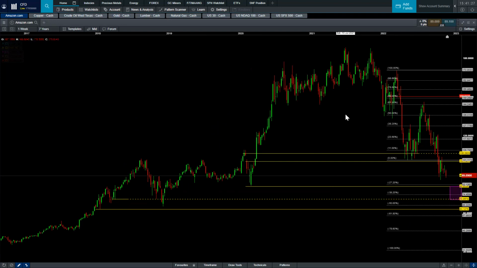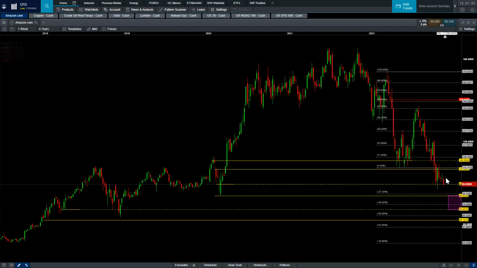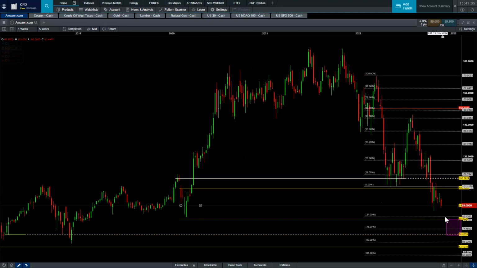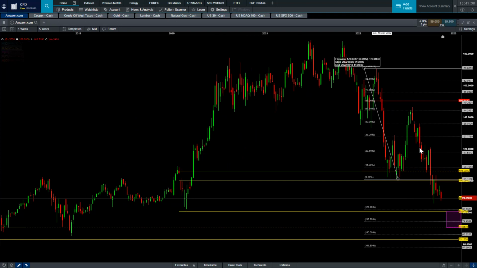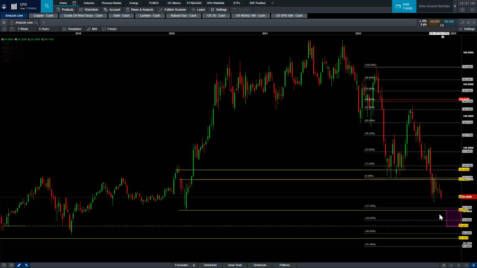To be honest, it's based on this being the first level after 100% price satisfaction. Price is getting exhausted when it gets there and loses momentum, because we are having momentum to the downside, right? So everyone is pushing price down, down, short, short. But when it gets to 27%, this is the first trench where price is getting exhausted, from the top or from the bottom, it doesn't matter.